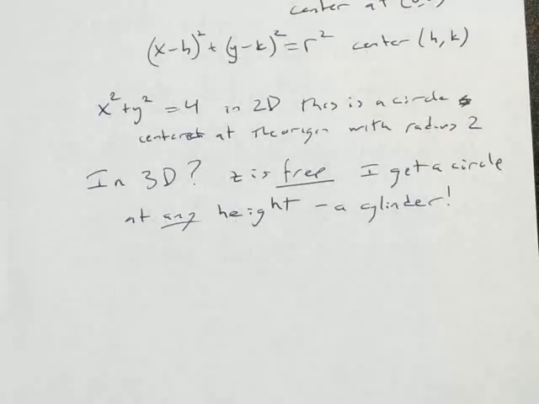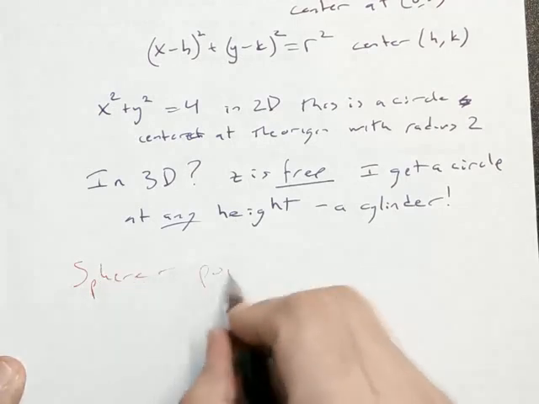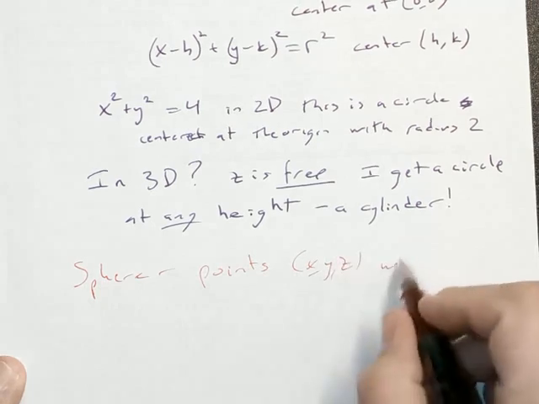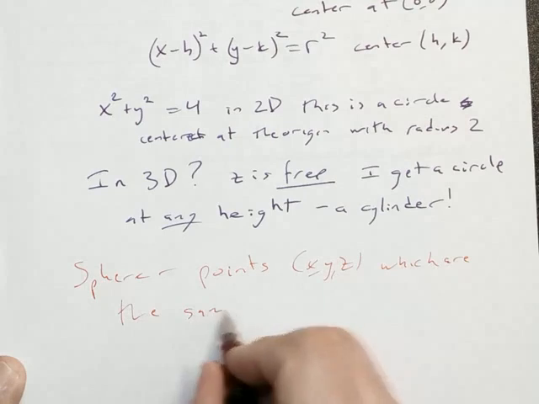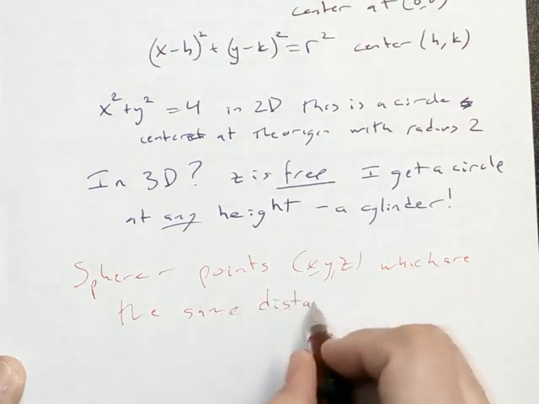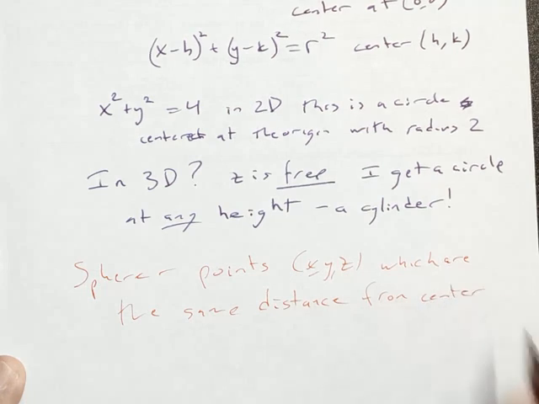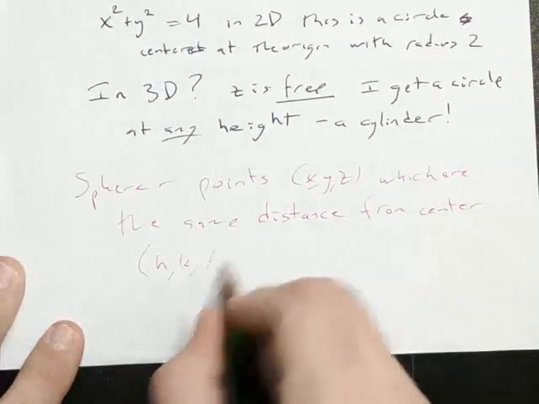If I want a sphere, I want points that are the same distance from my center. Now my center used to be HK. I need a 3D center, so I need another letter.